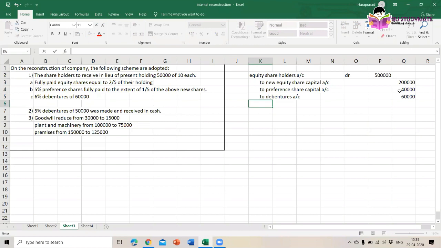And the remaining amount, the 2 lakh rupees, will go to capital reduction account. So here you have to calculate like this: 5 lakh minus 2 lakh minus 40,000 minus 60,000. That will come to 2 lakh rupees. This 2 lakh rupees will go to capital reduction account.